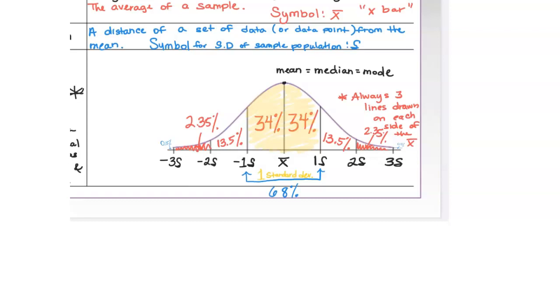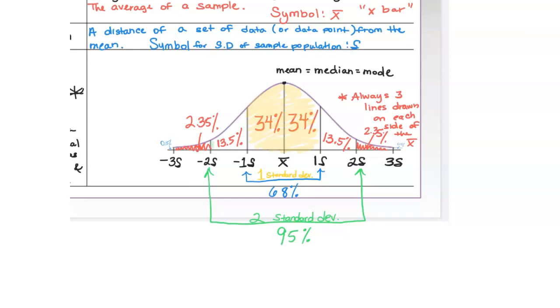Shorthanded, one standard deviation. If we're at our mean and we go out 2 standard deviations to the left and then 2 standard deviations to the right, then that would represent this space. We call this 2 standard deviations. And that represents 95% of our data. Okay, well, how do we get 95%?